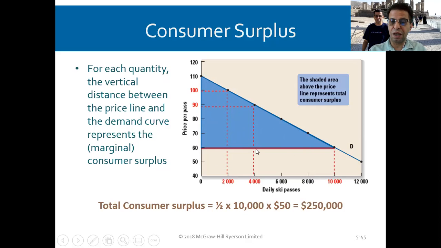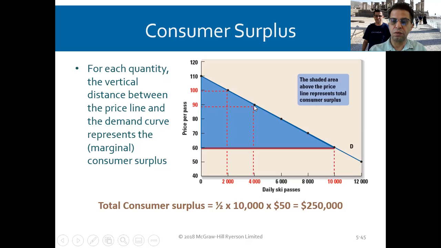So this area is what you call a consumer surplus. For each quantity, the vertical distance between the price line and the demand curve represents the marginal consumer surplus.